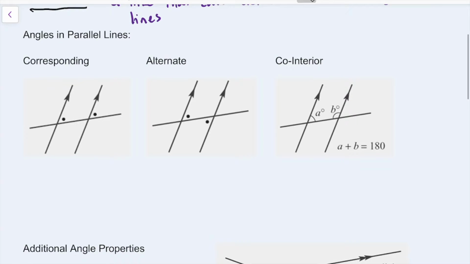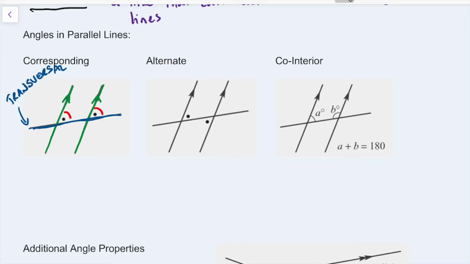So here we've got some parallel lines, and some special types of angles within them. You can see that our parallel lines have arrows, the symbol we use to indicate that they are parallel. And then we have our transversal line right here, and the green lines are the parallel lines. This type of angle is called corresponding, because they sit in the same spot.